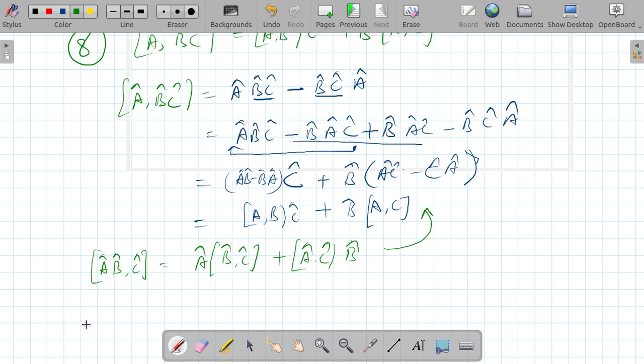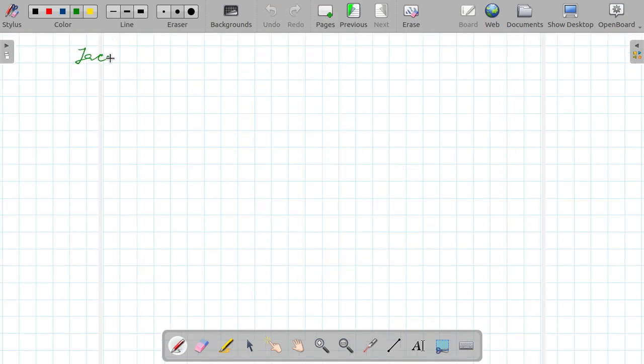Then next is the Jacobi identity, a very important identity. In the Jacobi identity, it is the commutator of A with [B, C], plus similarly the commutator of B with [C, A], plus the commutator of C with [A, B].